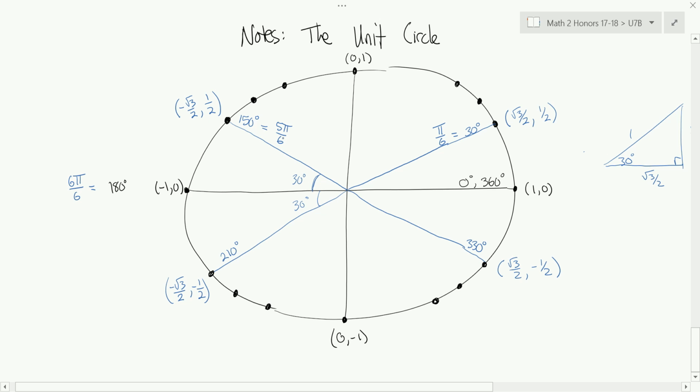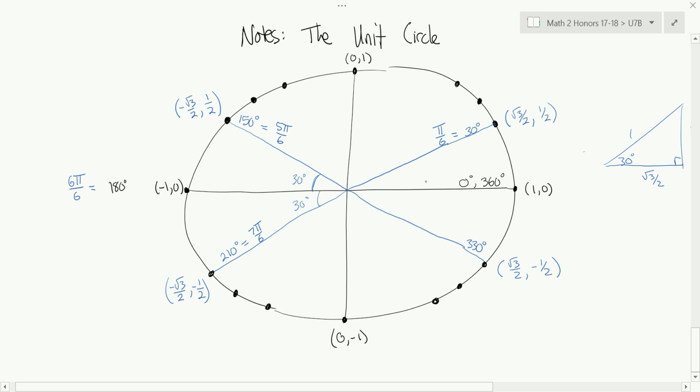See that? Now if I'm at 6 pi over 6 and I go forward pi over 6, where am I at? So 210 is 7 pi over 6. What might I have to do to get to 330? And think how we got 330. We had to have 360 minus 30, right?